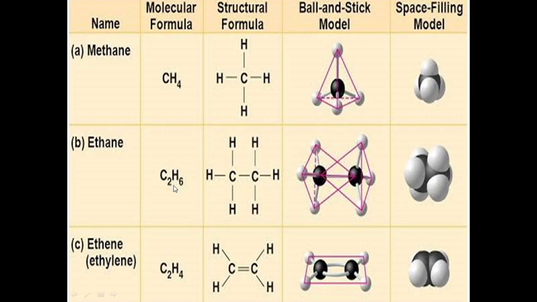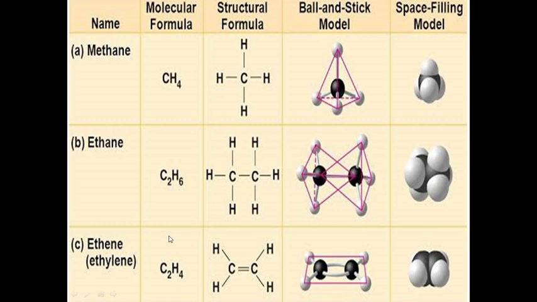Then for letter B, we have ethane. In structural formula, 2 carbons and 6 hydrogen. The central part here is the carbon, and in the outside part, we have the hydrogen. In space filling, of course, the 2 carbons are at the center, while the outside part is the hydrogen.